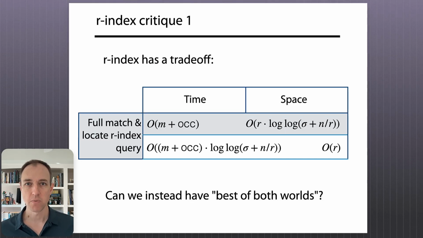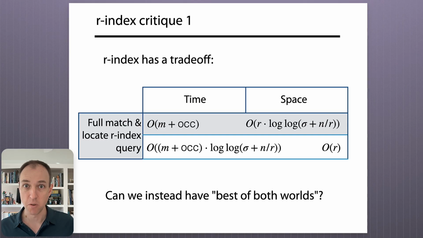What the authors of that paper observed was that the R-index is great and all, and it's fantastic that it achieves big O of R space and a reasonable time bound. But wouldn't we love to be able to do big O of M plus occ time?